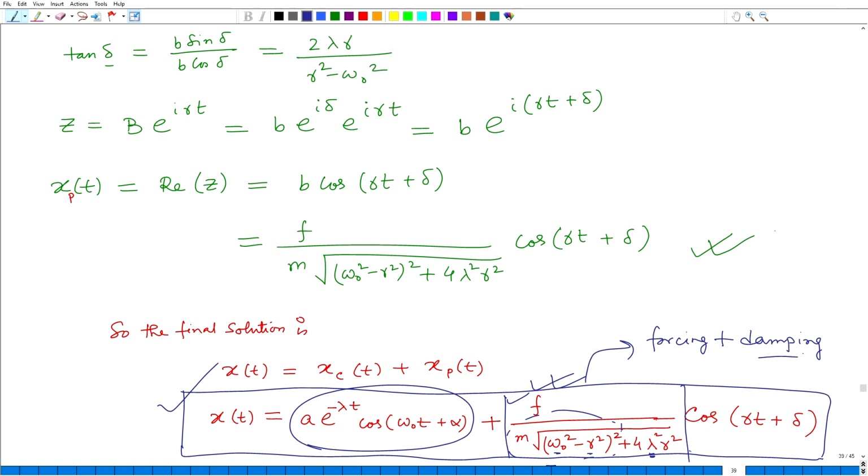Now, why is it not blowing up? Because if it blows up, you have to then go for a new type of solution which is linearly increasing. Here in this system the energy is fed by the forcing, but it is also dissipated by the dissipation term. So, there is a sink of energy and a source of energy. When there is no dissipation, just forcing, it only faces a source of energy.